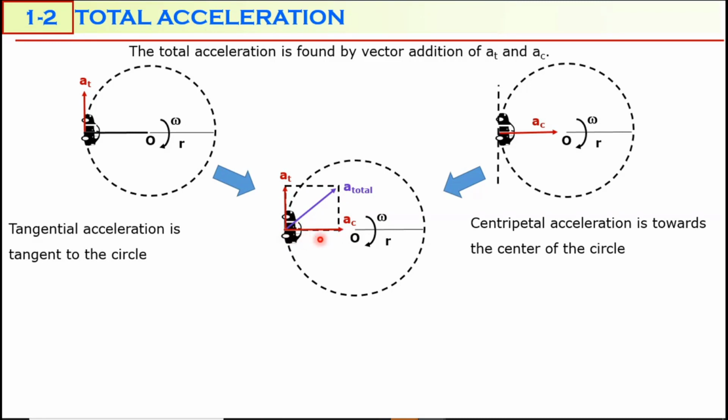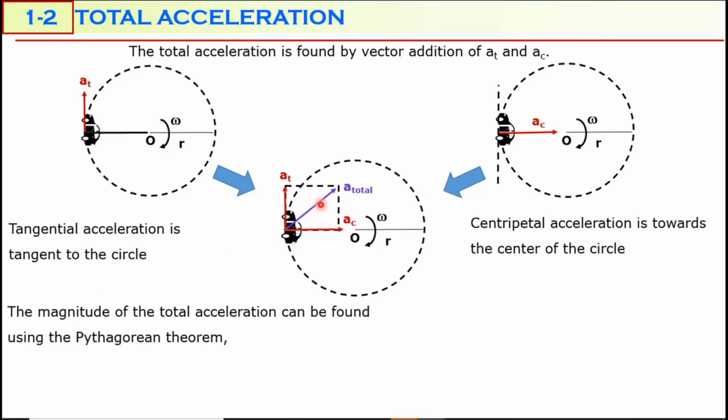The magnitude of the total acceleration can be found using the Pythagorean theorem, which is the square root of AC squared plus AT squared. This is the rule for calculating the magnitude of total acceleration of this car at that point.